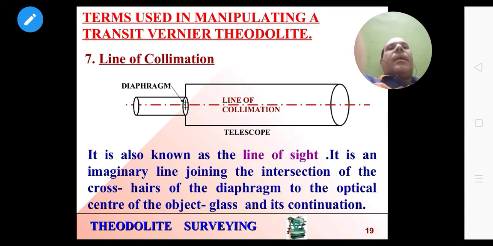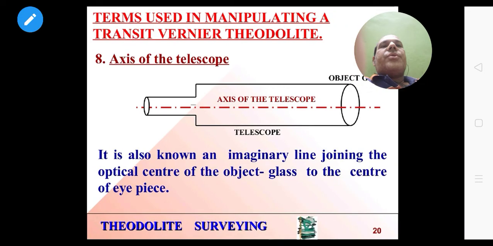The line of collimation, as we have seen, is a line passing through the optical center of the crosshairs of the diaphragm to the optical center of the object glass, and its continuation is called the line of collimation.